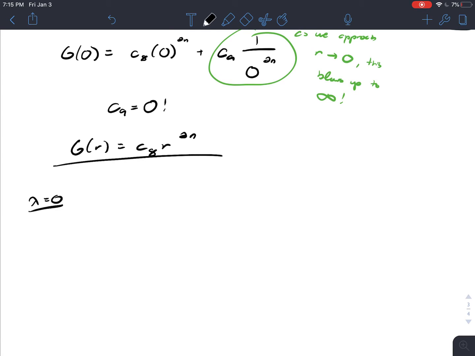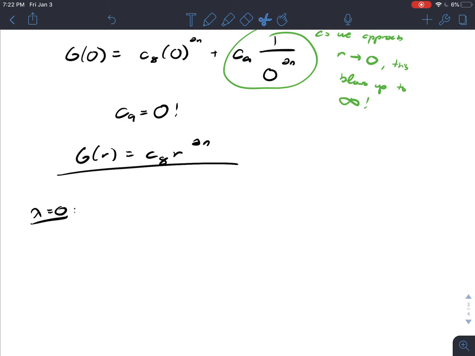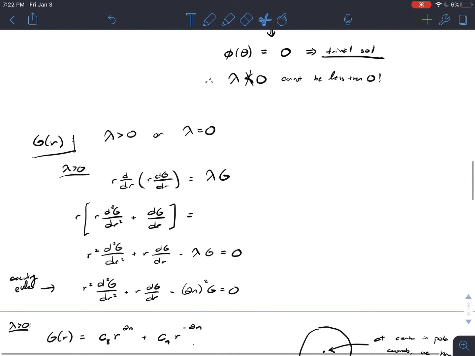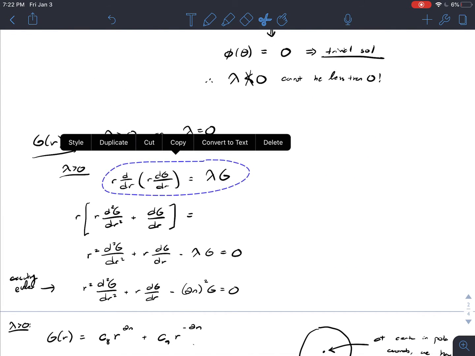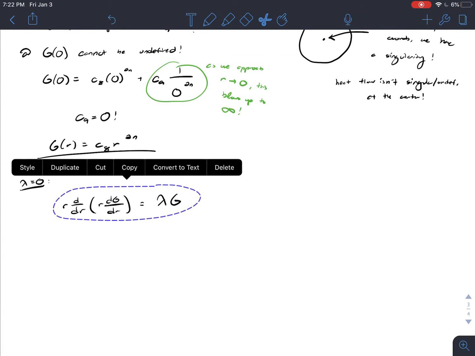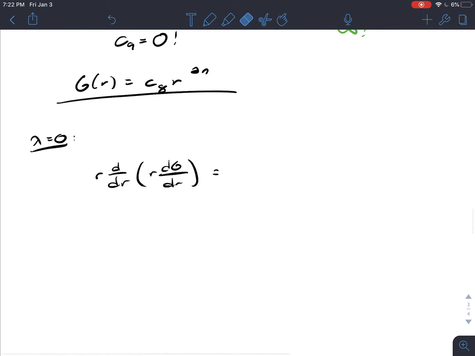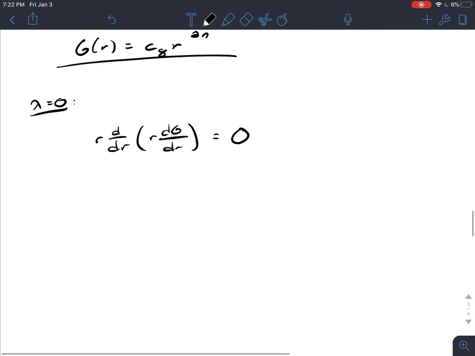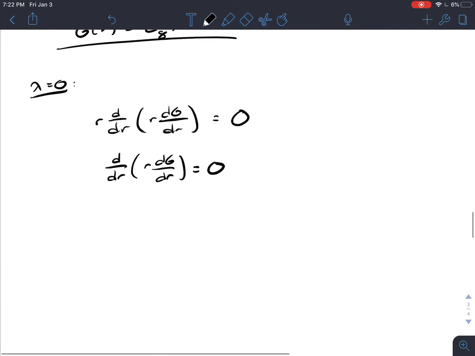Okay. So now let's take a look at when lambda is equal to 0. So to appropriately look at this case, we're going to go back to the original differential equation up here. I think this is the easiest way to show this. Okay, and then we're going to set the right-hand side to be equal to 0, right? So now we're going to divide both sides by r, and then we're left with this, right?